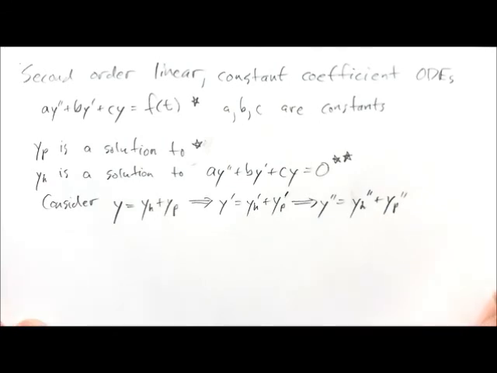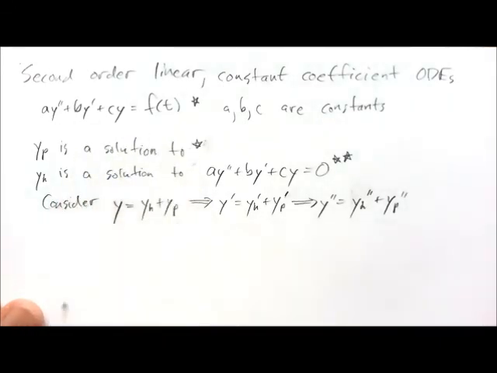What I want to do is take y and put it into our original equation star and see what happens. Remember, we know y sub p is a solution to star, y sub h is a solution to double star, and I want to check whether y itself, the sum of those two, is a solution to star.